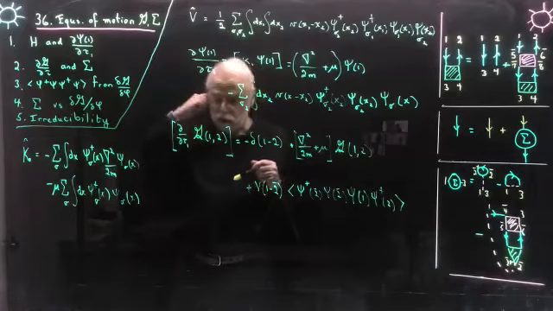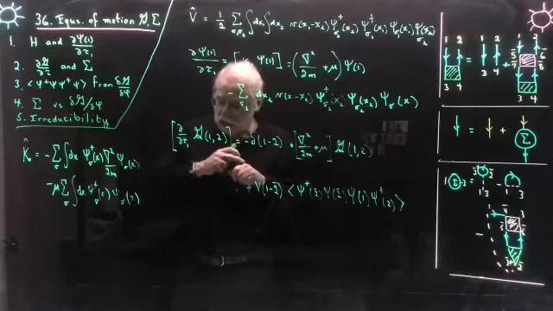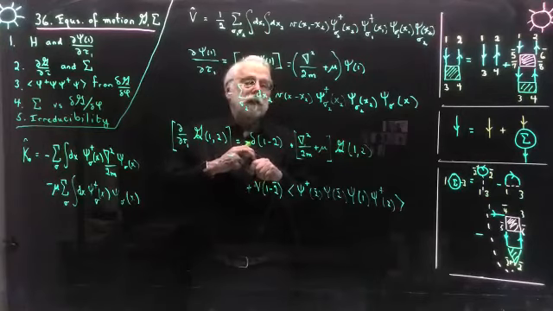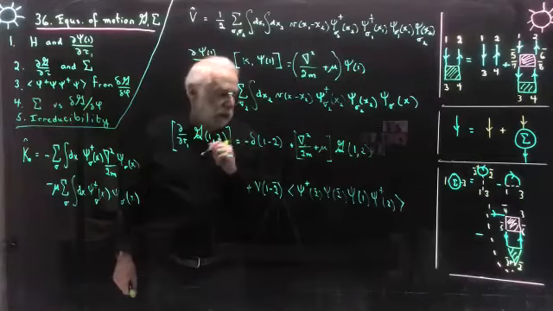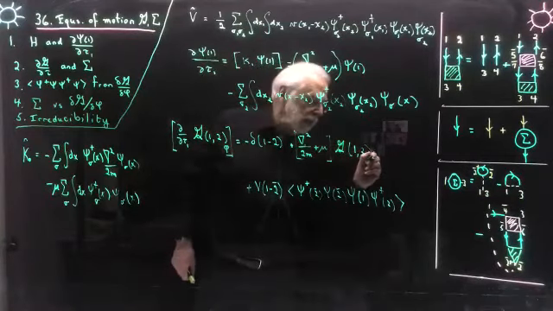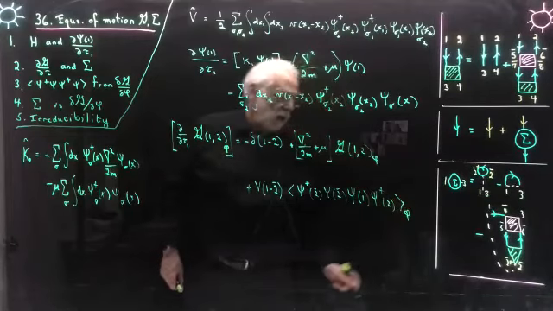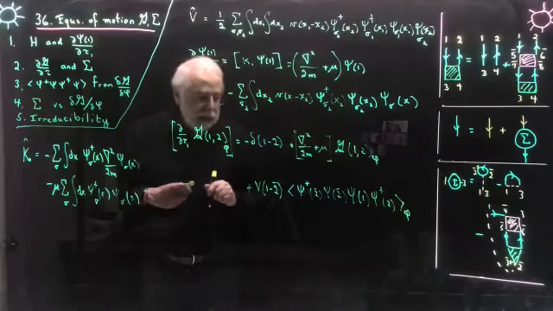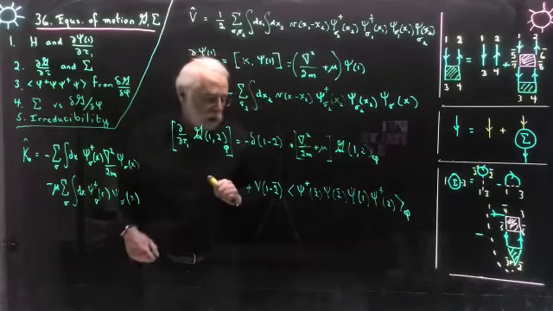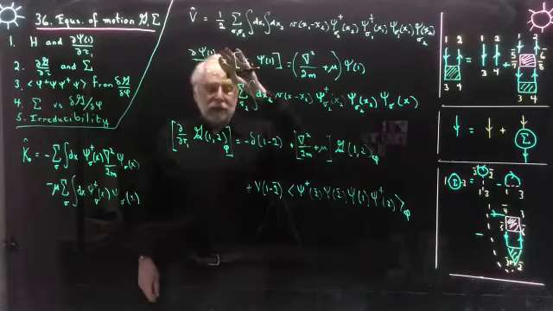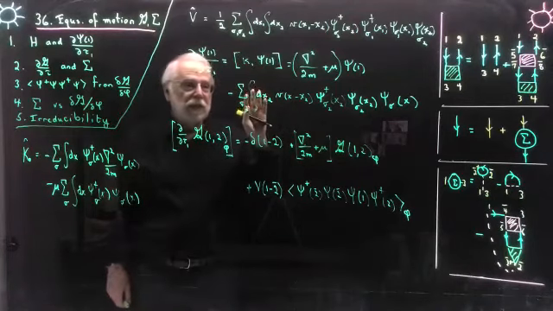Now there's one more term, because we want to work, you remember, with something that still depends on this source field phi. So I need to take the time derivative not only of this field operator, the psi 1, but I also need to take the time derivative of the contribution from the source field.